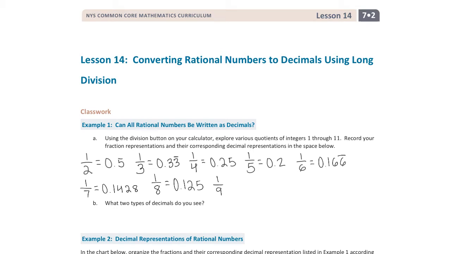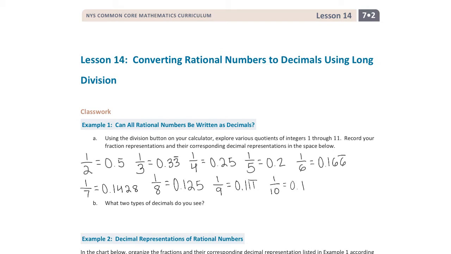1 divided by 9 into your calculator. And that gives us 0.111 repeating. Let's do 1/10. When we take 1 divided by 10 and type it into our calculator, we'll get 0.1.